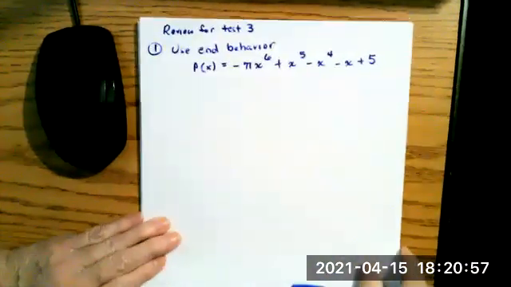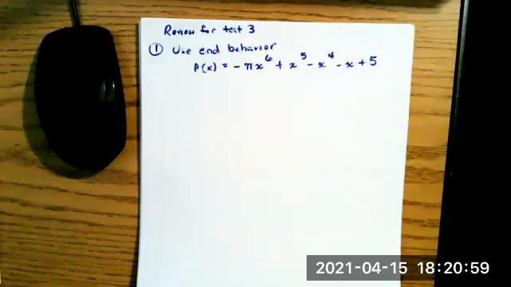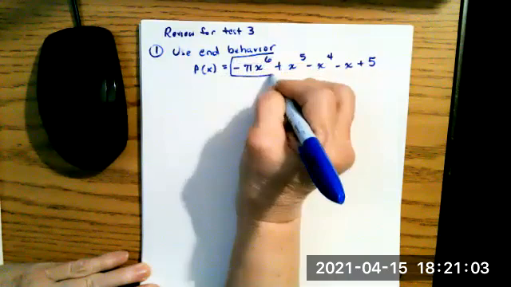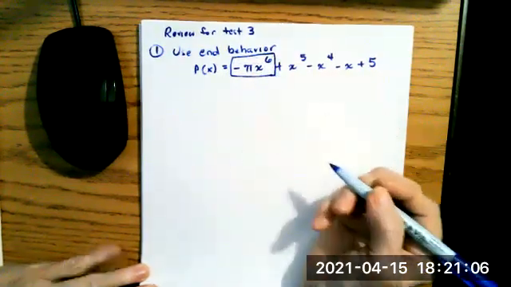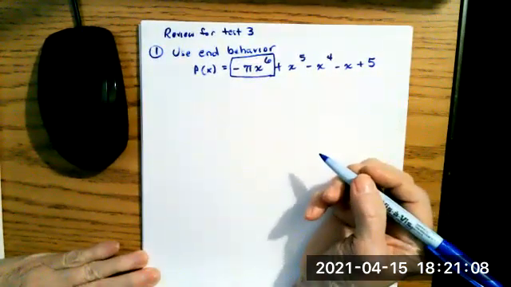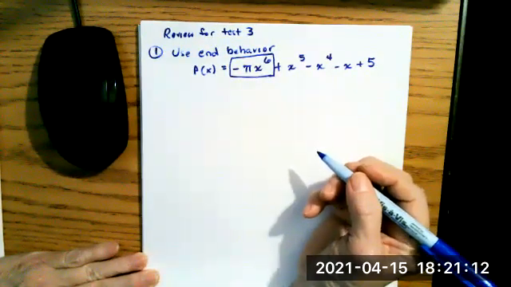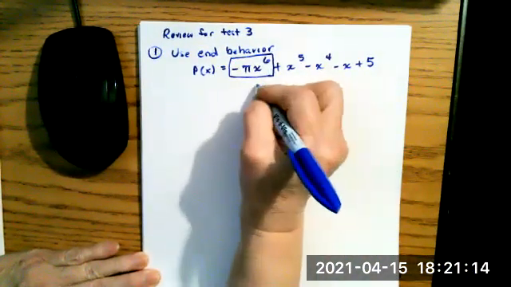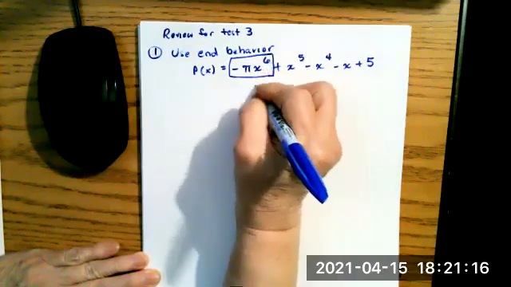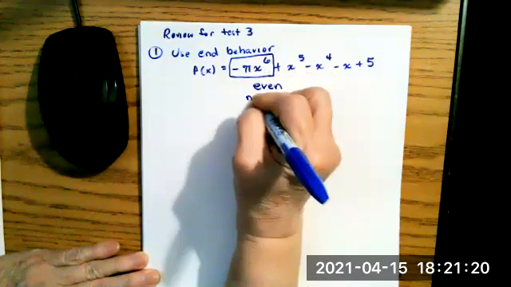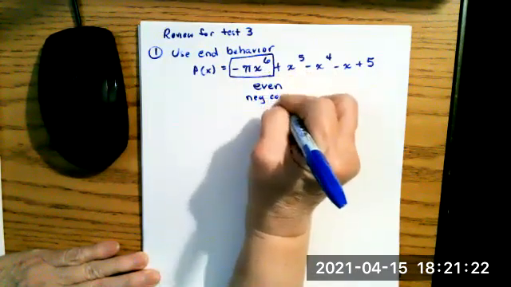All right, so you don't really care about any part of this except this leading term, because it gives you your degree of your polynomial and it gives you the direction that polynomial is going to go. So this polynomial has a degree of 6, so it's an even degree and it has a negative coefficient.